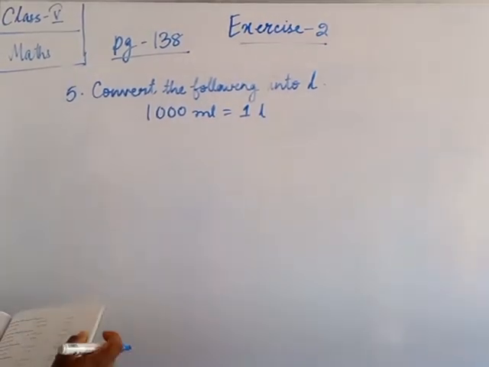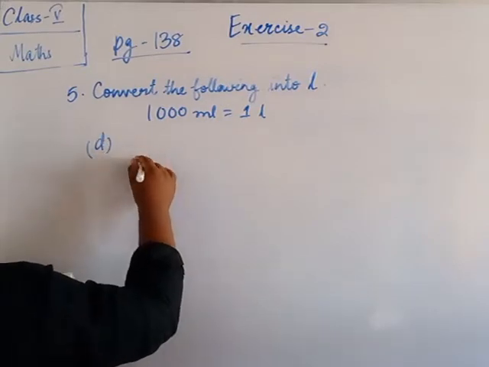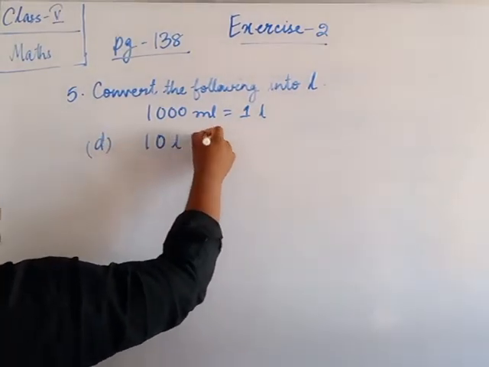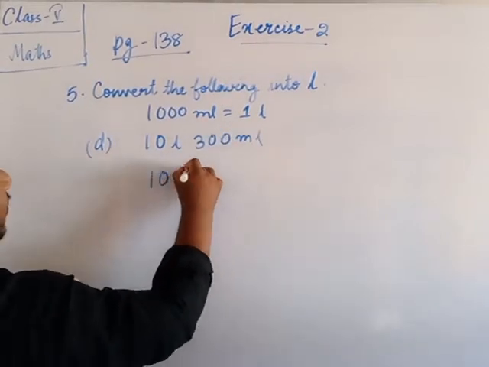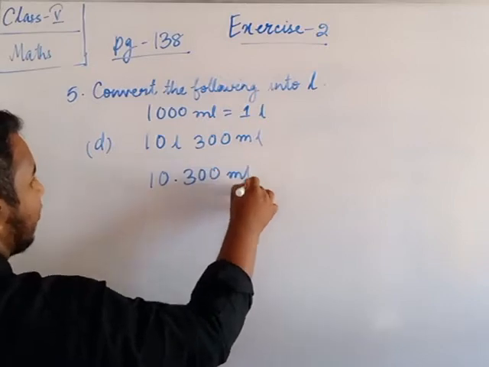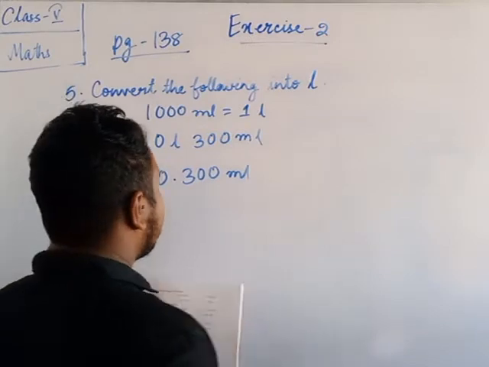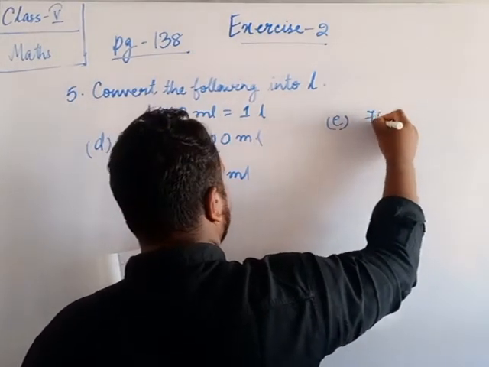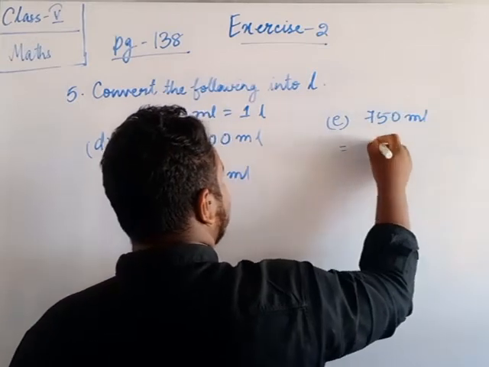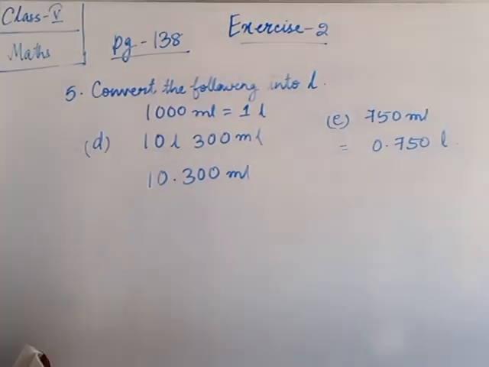Look at D number question, 10 liter 300 milliliter. First you write 10.300 liter. This is the answer. Very simple. Then question E, 750 milliliter, 0.750 liter. Very simple. Easy or not? You just have to put the point.